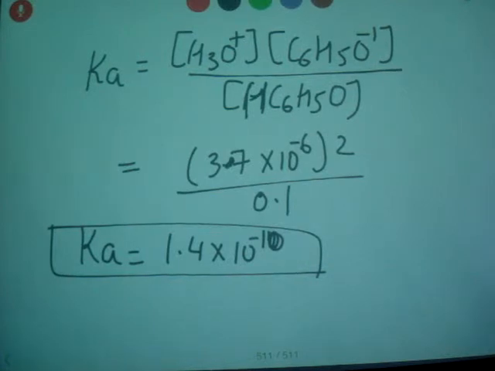Now we will find out the degree of ionization and percent ionization. Let me explain those steps as well, and then I will go over questions that you have.